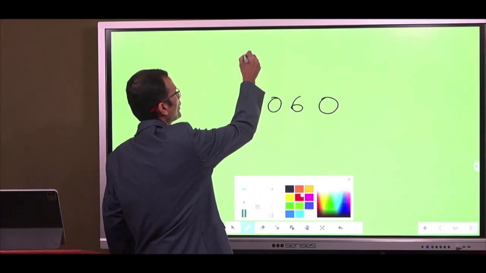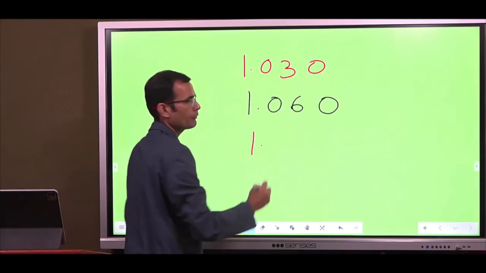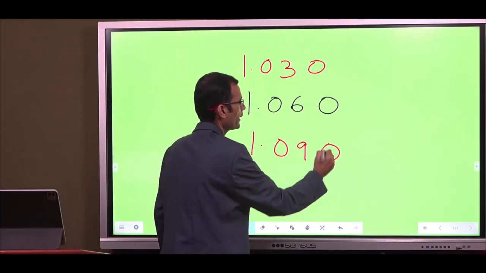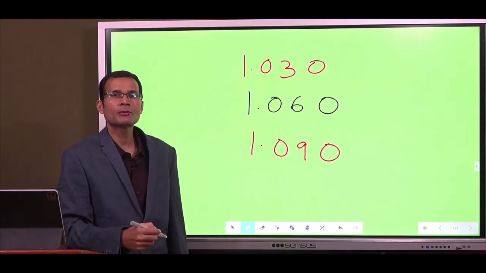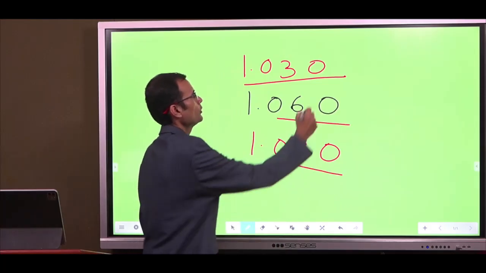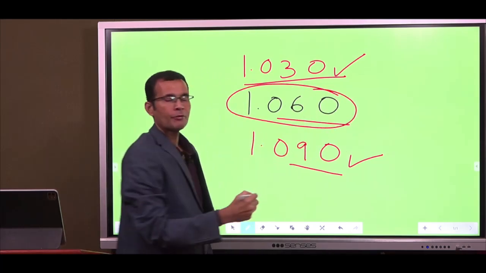So specific gravity of plasma is 1.030 and specific gravity of cells is 1.090. So it's easy to remember 30, 60, 90: plasma, whole blood, and cells.